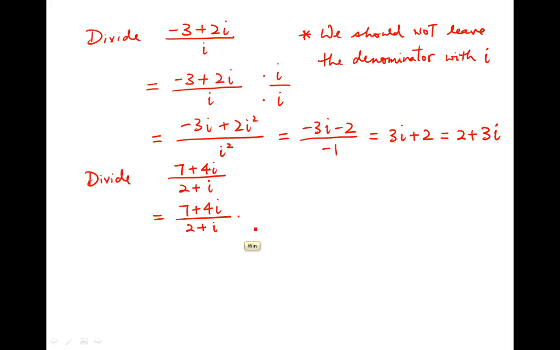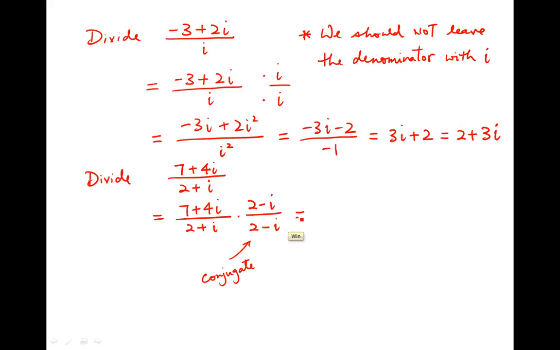I times both the top and the bottom by what? 2 minus i. Someone just said 2 plus i, and we commented on that. Times both the top and the bottom by 2 minus i. And that is what we call the conjugate. And we are trying to create a situation having a plus b times a minus b.